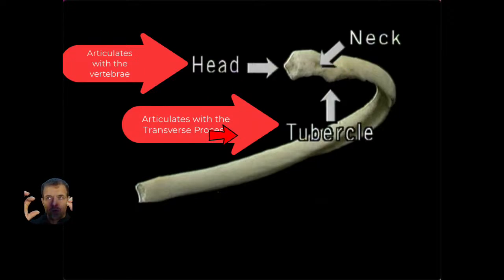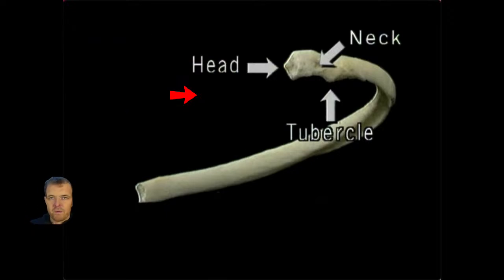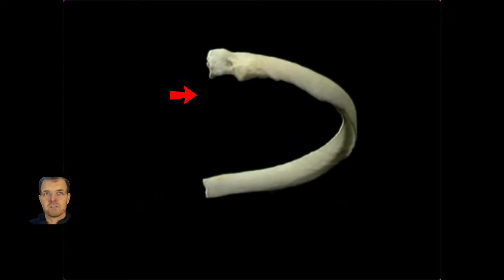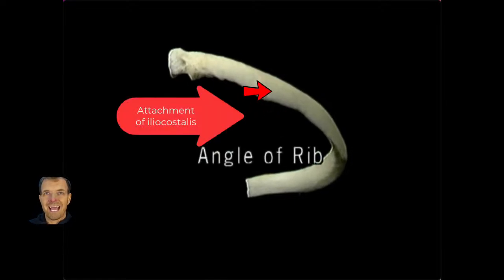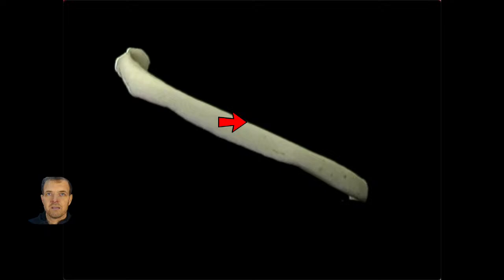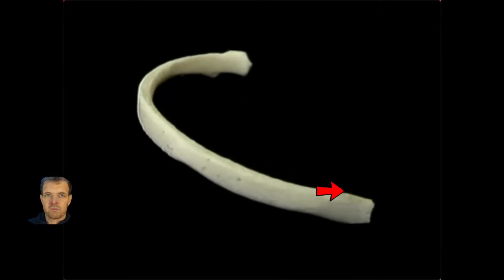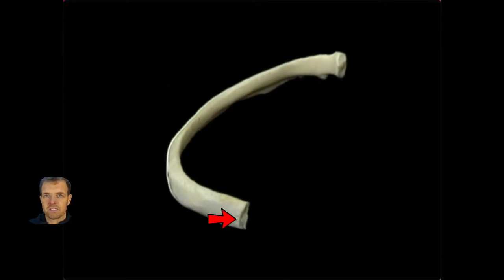In terms of palpation, that is basically on the side of your spine underneath your transverse process. If someone says that they can feel your rib head moving, then I'd seriously question them. We've got the angle of the rib just here, and it's nice and smooth as it comes all the way around to the front.